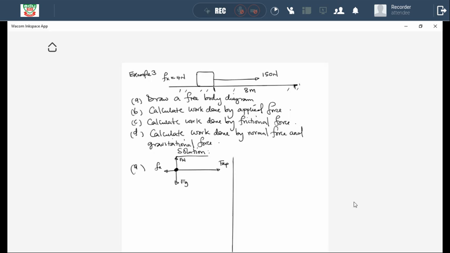Obviously that should be carrying 4 marks: 1 mark for force applied, 1 mark for friction, 1 mark for Fg, 1 mark for Fn. Now I want to emphasize some points here. Number one, your normal force is always perpendicular to the surface, not to the ground. We are going to look at an incline situation next time.